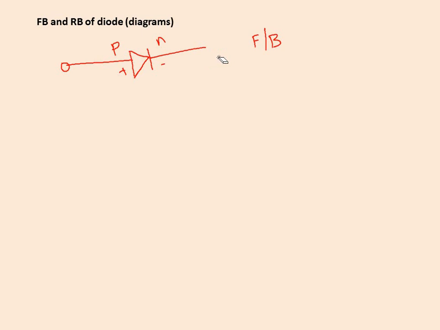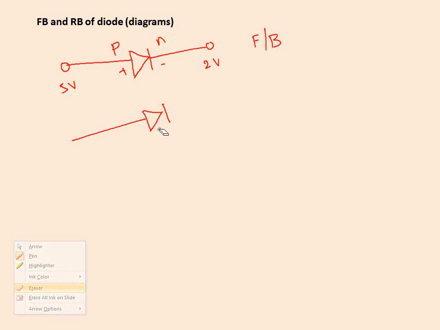This is one diagram, and the other one is, or shall I draw continuously? It will be better for you, so no confusion. Then if it is 5 volt and 2 volt, it's forward bias. Suppose I have one more, I am drawing the forward bias conditions all together so that you can have them at a stretch.